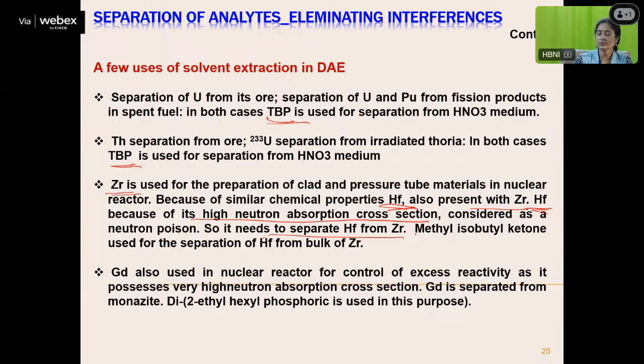In that case, you use MIBK, methyl isobutyl ketone, for separation of hafnium from the bulk of zirconium. Gadolinium is also used in nuclear reactors for control of excess reactivity, as it possesses a very high neutron absorption cross section. Gadolinium needs to be separated from monazite. Here di-2-ethylhexyl phosphoric acid is used for this purpose. These are a few examples of solvent extraction being used in the Department of Atomic Energy, which you all should know.